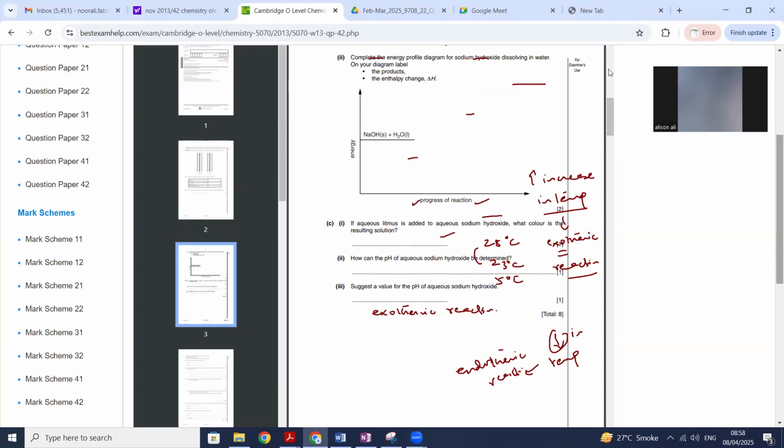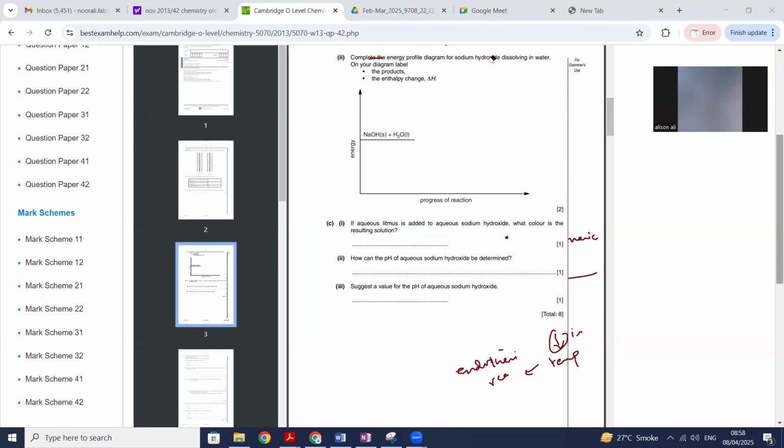Now coming to this part, the labeling. Okay, so it says complete the energy profile for sodium hydroxide dissolving in water on the diagram, the products, the enthalpy change, etc. Okay, so since it's an exothermic reaction, enthalpy change is the difference between these two, where the products are made and where the initial input or the output.